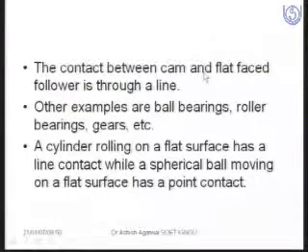The contact between the cam and the flat-faced follower is through a line or a point. Other examples are ball bearings, roller bearings and gears. All of them have point contact or line contact. Similarly, a cylinder rolling on a flat surface always has a line contact. Therefore it is a higher pair.